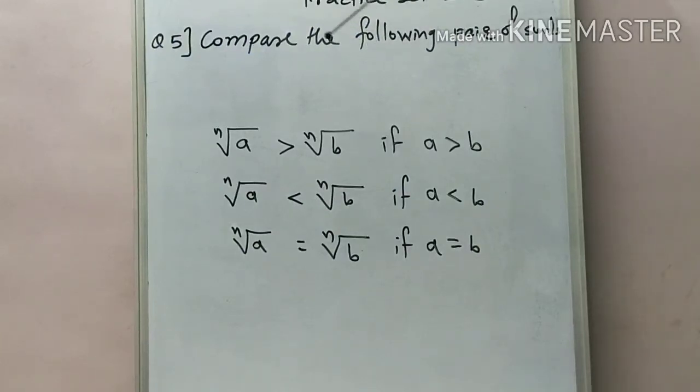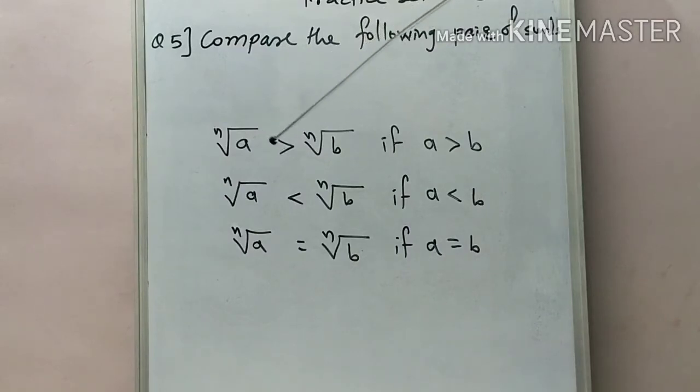now the next question is: compare the following given pair of surds, meaning which one is greater, which one is less, or whether both are equal or not. So here I write down the general form. Using this we have to compare the pair of surds.